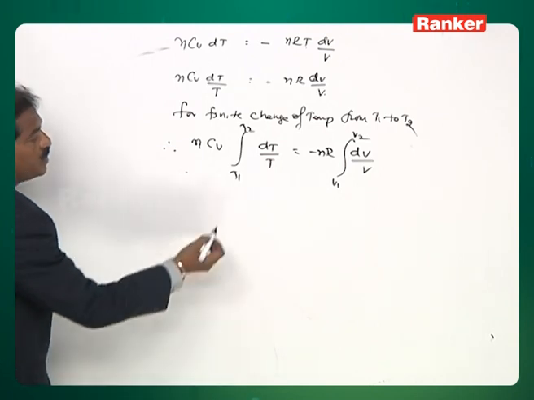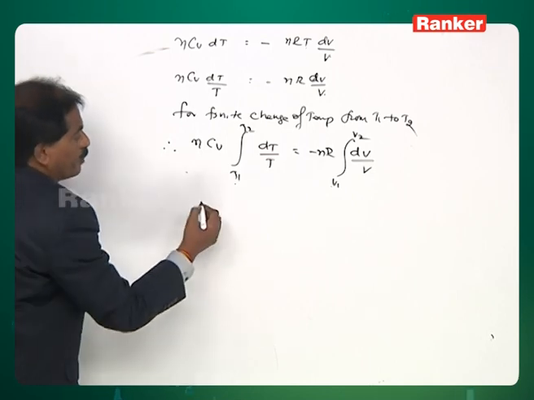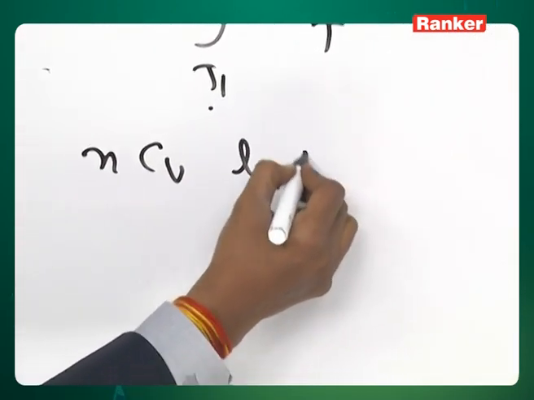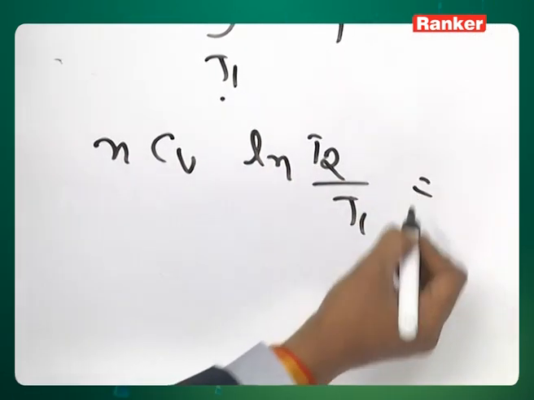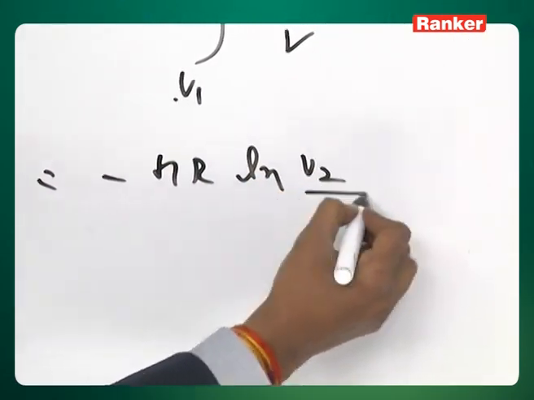If the temperature changes from T1 to T2, volume changes from V1 to V2. Therefore, nCv ln T2 by T1, here we have minus nR ln V2 by V1.